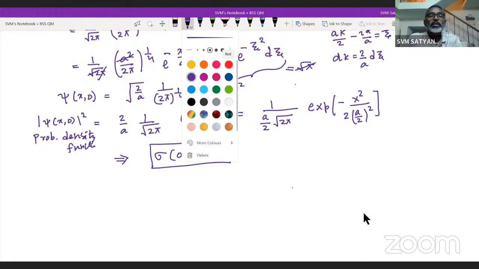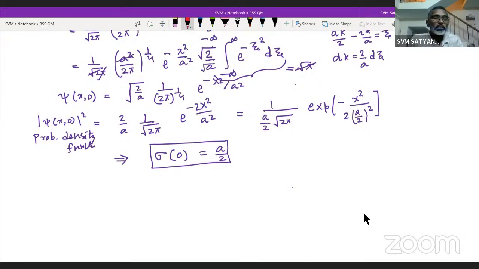So let me say this again. For time dependence, we say that psi of x comma t can be written as e power minus i by h cross t into Hamiltonian operating on psi of x comma 0. This is the scheme where H is a Hamiltonian operator. This is actually called the formal solution of the Schrodinger equation.